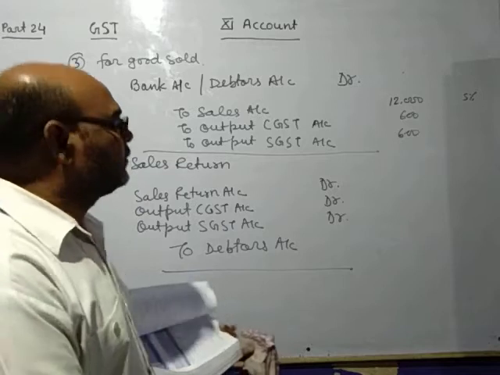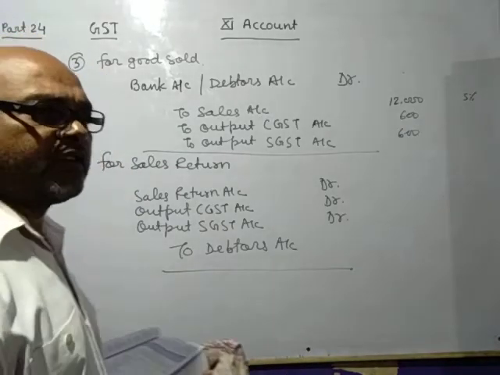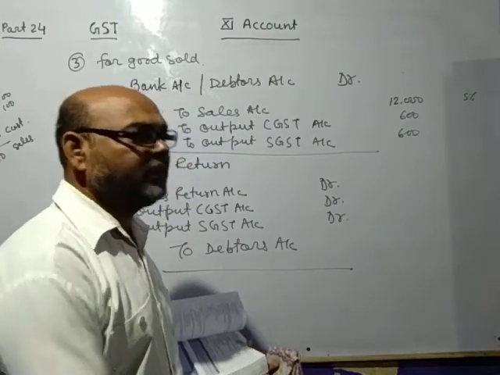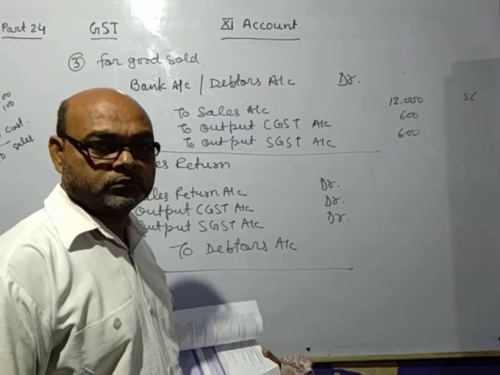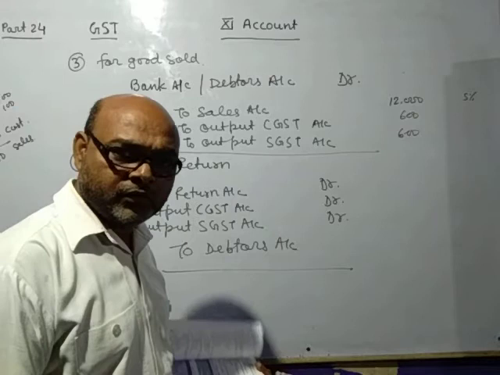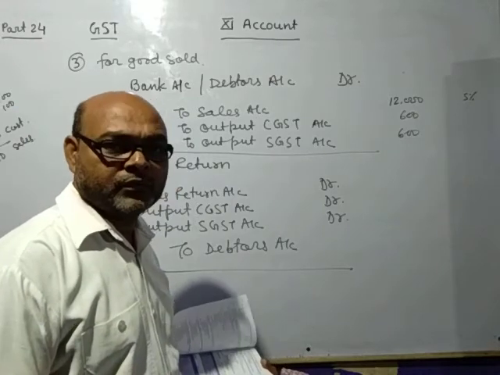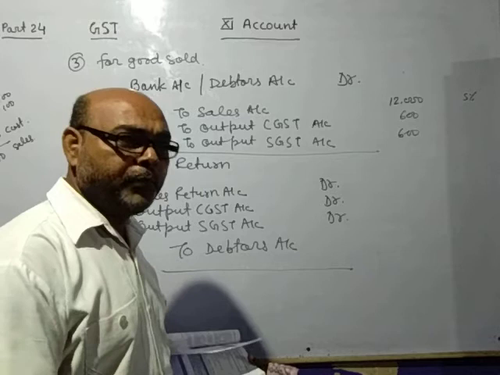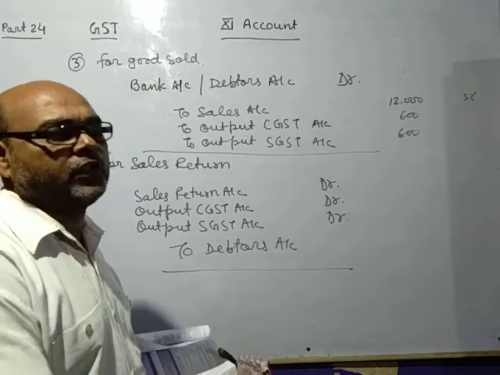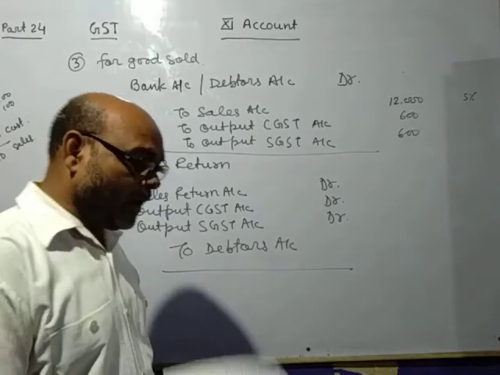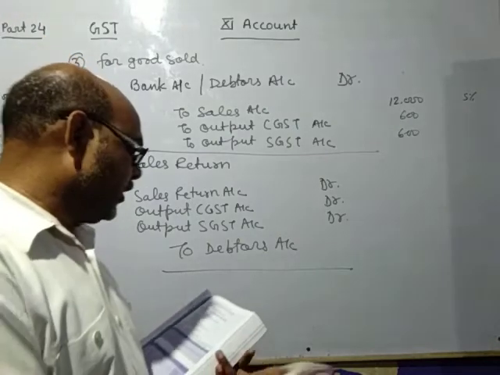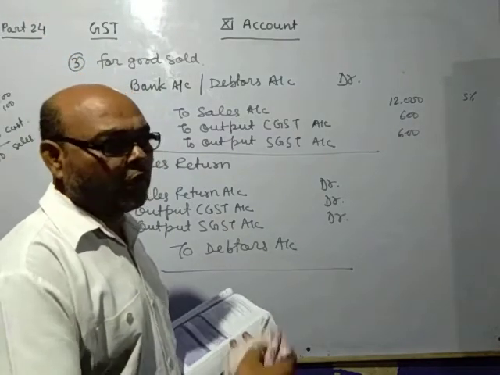In that case, input CGST and input SGST will be debited. And when you are receiving income, like sales, interest received, dividend received, in that case you will credit output CGST and output SGST. After making the adjustment of input and output, you will pay tax to the government.